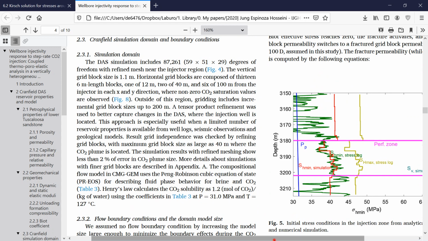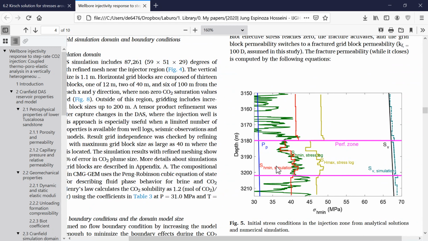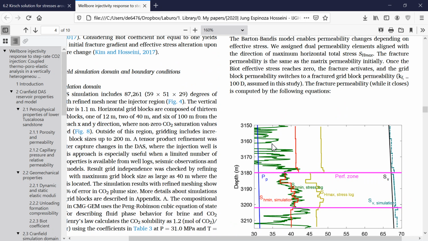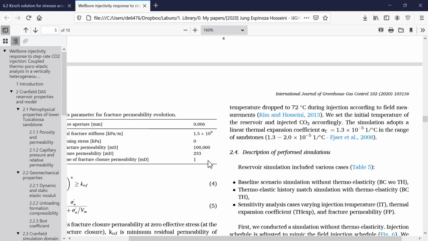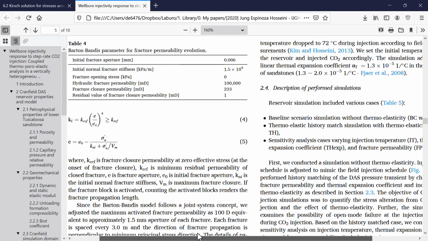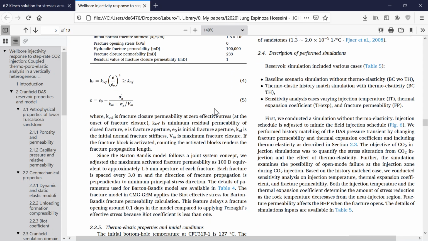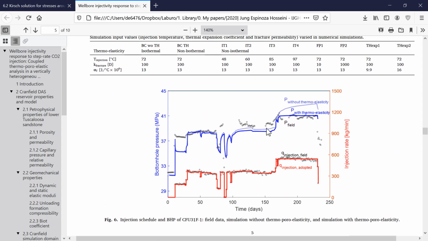So here is an example of the model and what the prediction of the minimum horizontal stress is, here in green, and what was adopted in the model here in red. And basically what we see is that as we inject the fluid, in this case carbon dioxide, we see a different response whether we're considering thermo-elasticity or not.